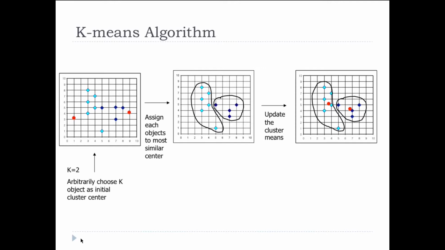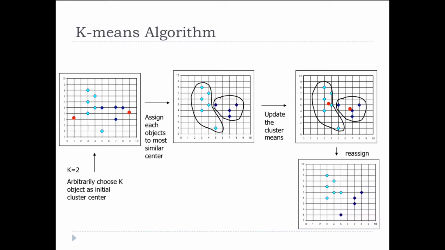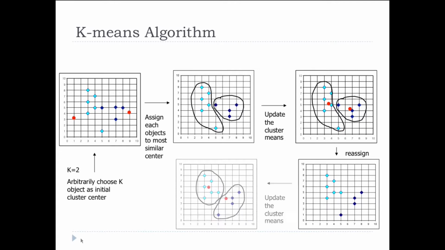We're going to put these points in the center of the cluster. We're going to reassign the points, so these changed colors. We're going to update the cluster centroids again, and then we're going to repeat. We keep doing this until, like I said, the centroids really don't move.